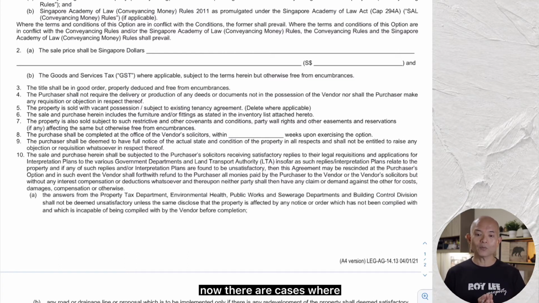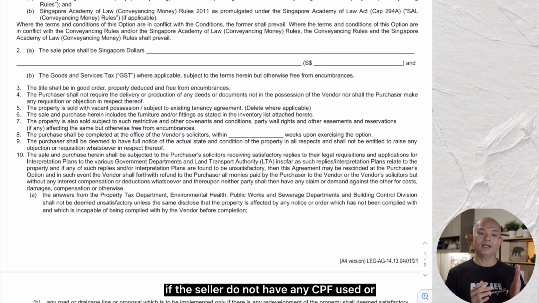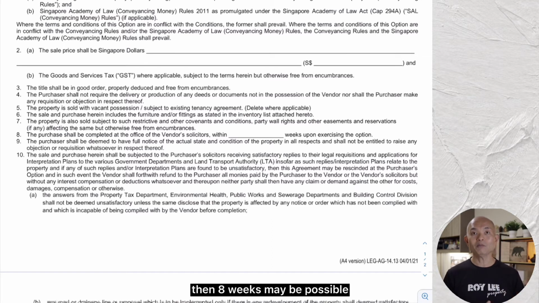Now there are cases where these 12 weeks can be shortened to a period of 8 weeks, and this is possible if the seller does not have any CPF used or outstanding bank loan. Then 8 weeks may be possible. So do check with your lawyer, because they will be able to advise you according to your situation.